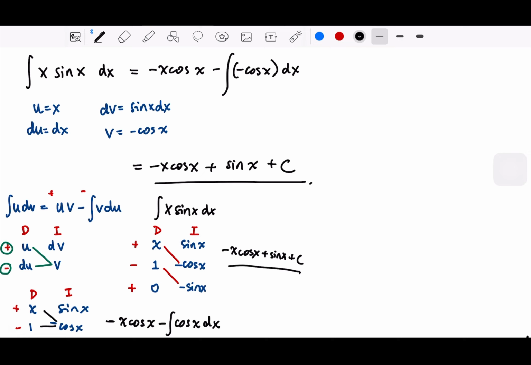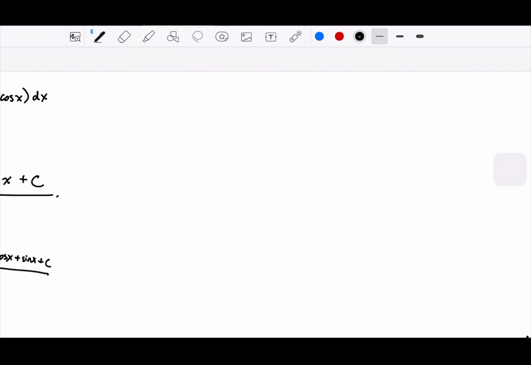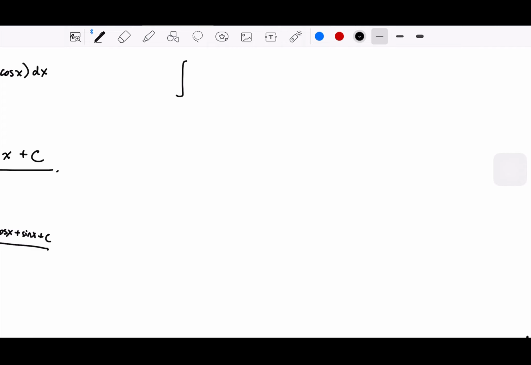But perhaps let me just take a look at similar questions like this, x sine x. But let me write, taking the x as x squared and sine as sine 3x.